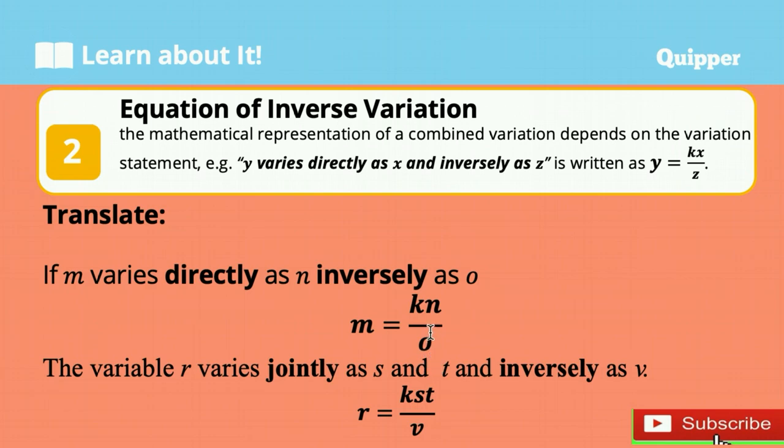So this is a combination of direct and inverse variation. Another example, the variable r varies jointly as s and t and inversely as v. The translation for this is r is equal to k times s times t divided by v. And this is a combination of joint variation and inverse variation.